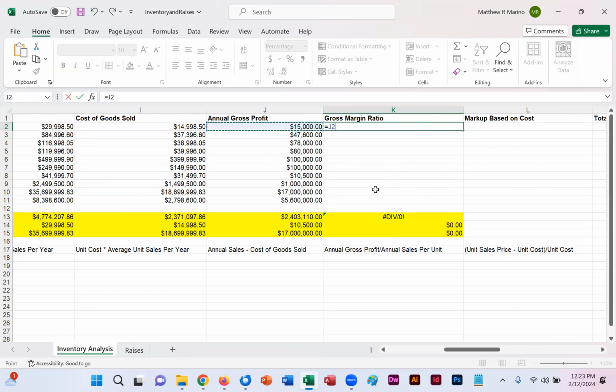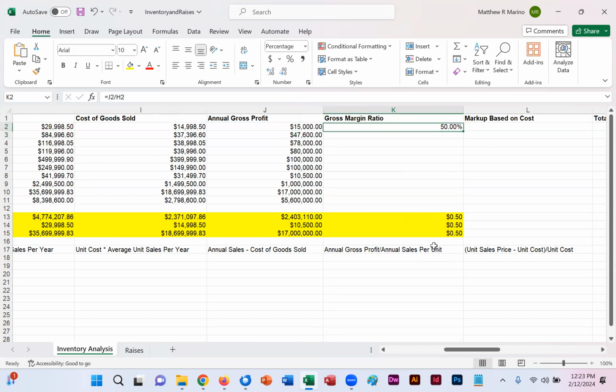So it is simply our J2 for the annual gross profit divided by our H2, our annual sales per unit. We hit enter, we have 50%. If you notice, instead of 50%, it shows 50 cents for our average, min, and max. We click back in, we auto fill down.